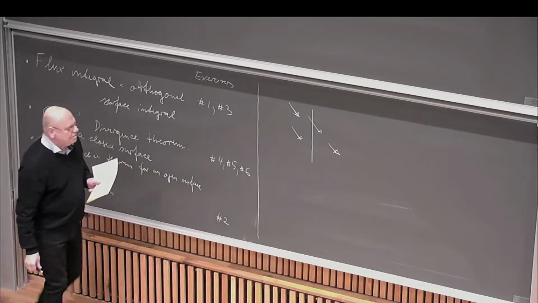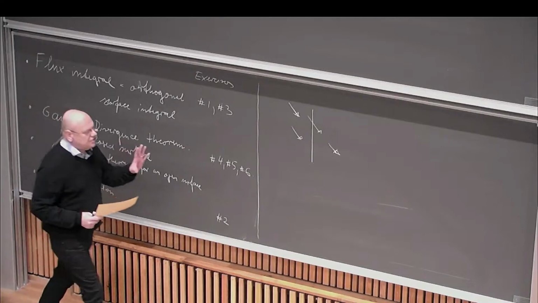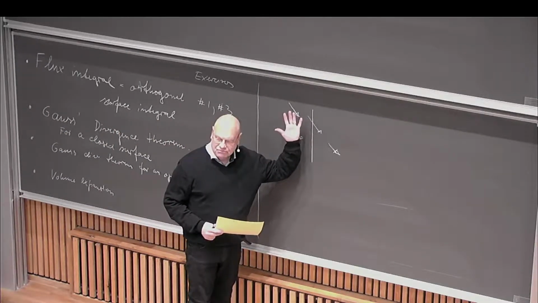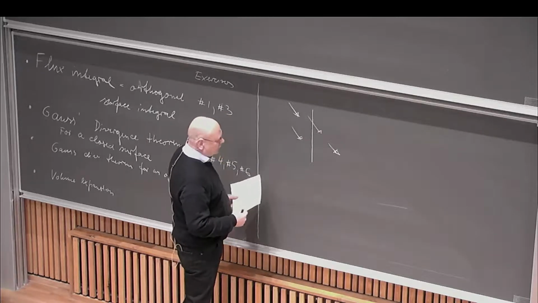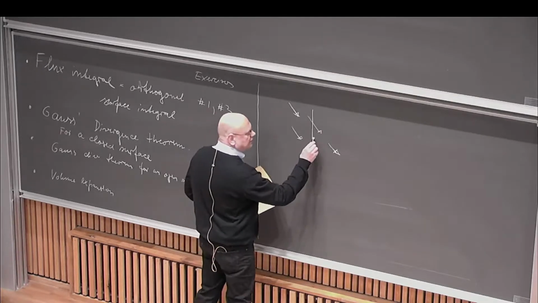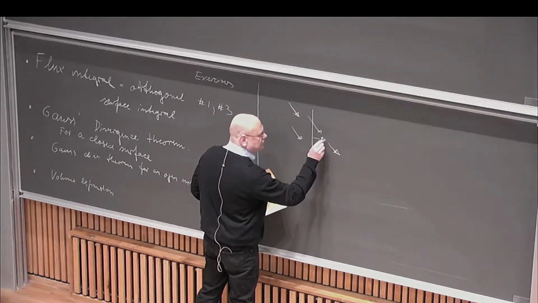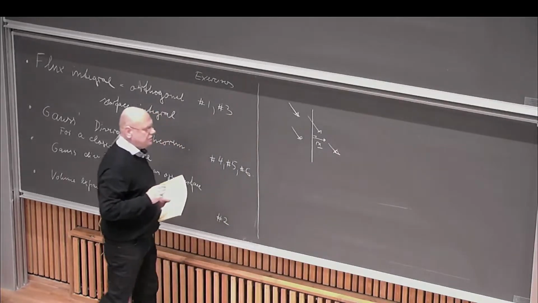And what you could be interested in is to see how much is actually radiated through this window. And in order to do so, we need to define a direction of the surface. That is, we need to find a unit normal vector to the surface.